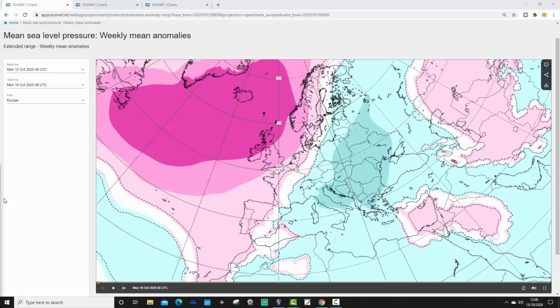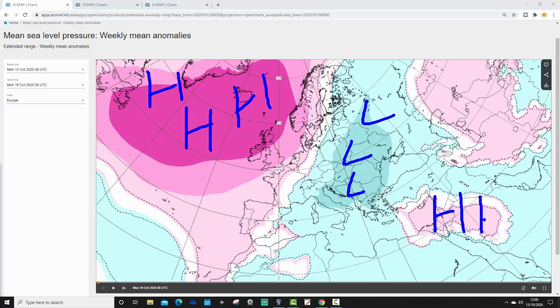So still broadly the pattern that we've had through October so far in the week ahead, with higher pressure out to the north and the northwest of the British Isles in the Northern Atlantic, and lower pressure through much of northern and central back to Western Europe as well. There's a ridge down here across the southeastern part of Europe, and a ridge over towards the western part of Russia as well.